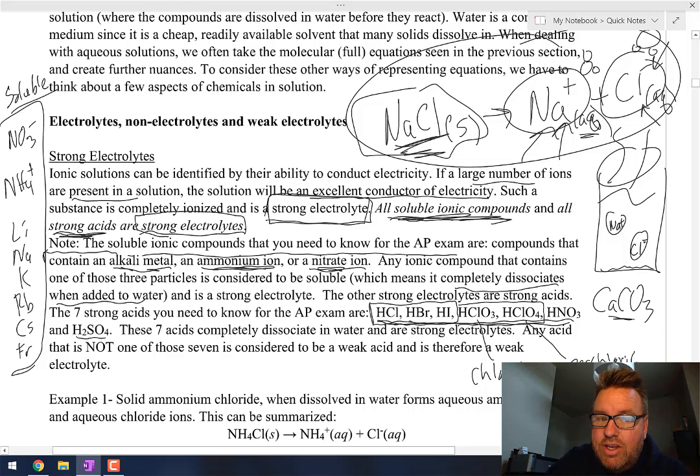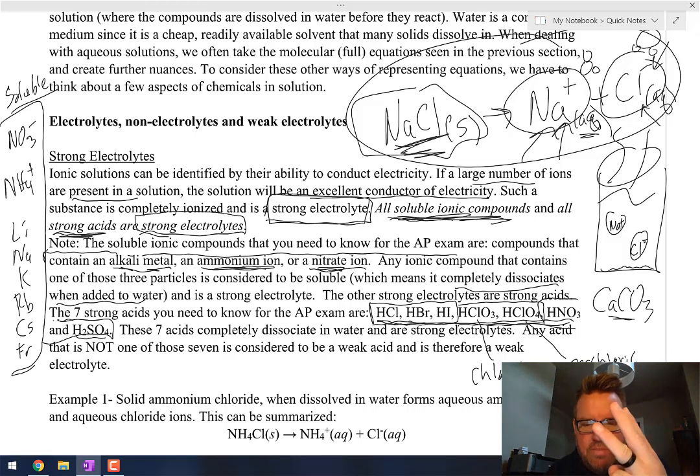And then again, here's nitrate. Remember, just like before when we talked about nitrate? So then I group these last 2, nitric and sulfuric acid, together. So I've got the 3 that are halogens, HCl, HBr, and HI. And then the 2 with the chlorine in it, HClO3, HClO4. And then the last group, nitric acid and sulfuric acid.